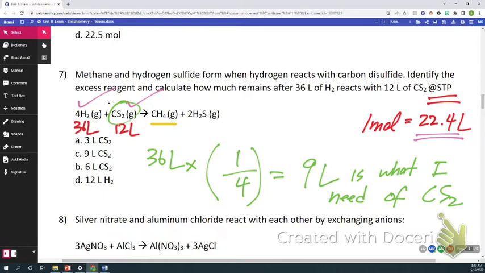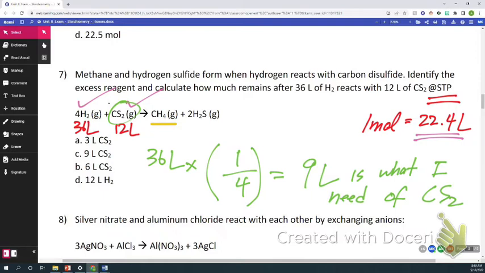That's why I calculated 36 times 1 over 4, to find out how much of CS2 I need if I have 36 liters of H2. If I have 36 liters of H2, how much CS2 am I going to need to use all 36 liters? I need 9 liters. It's a 4-to-1 ratio, right?